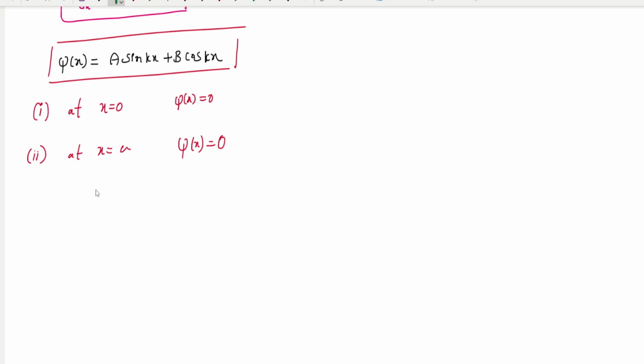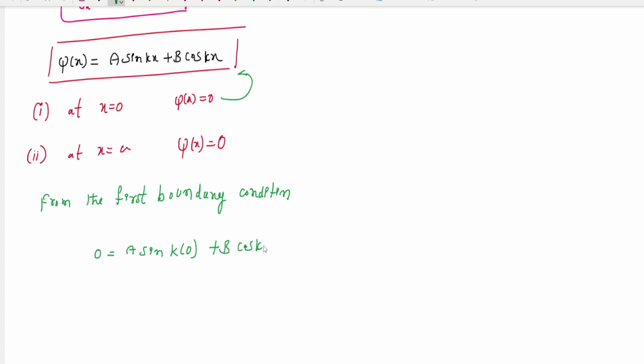So if you apply the first boundary condition, at x equal to 0: 0 equals a sin k times 0 plus b cos k times 0, where cos 0 is equal to 1. So therefore I got b equal to 0.